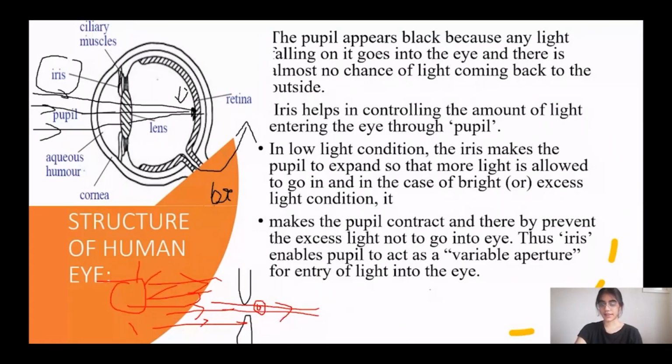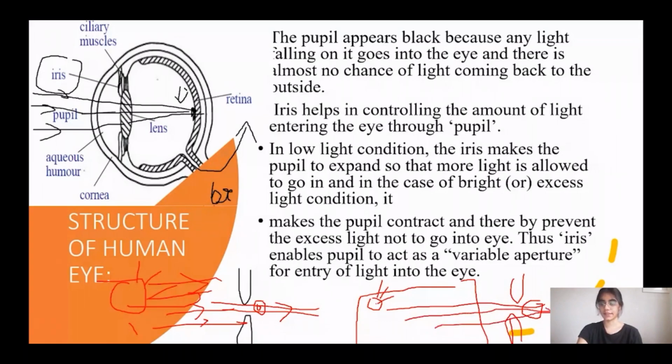And when there is absolute darkness and there is only a very small source of light which is very far from you, this iris will make the pupil expand so that a lot of rays can enter at the same time, and hence the image that is formed is not disturbed, blurred, or less in intensity. It is exactly how you see it.